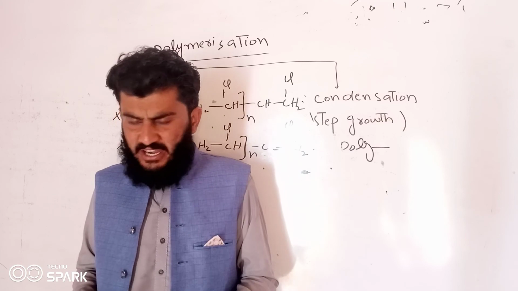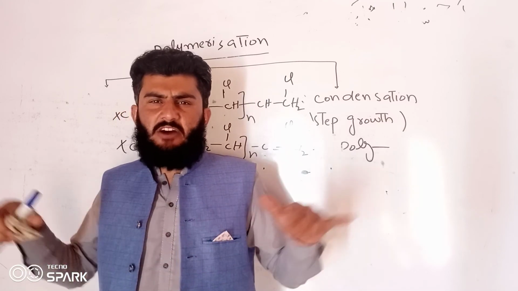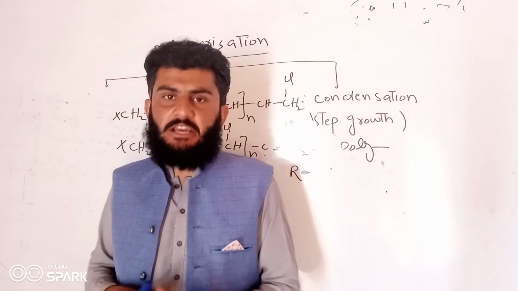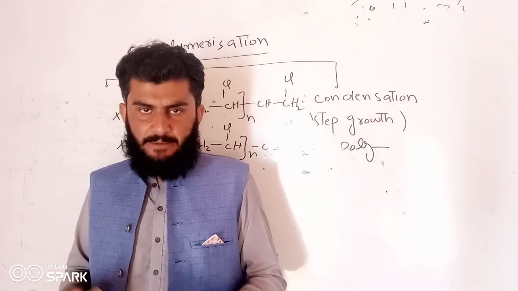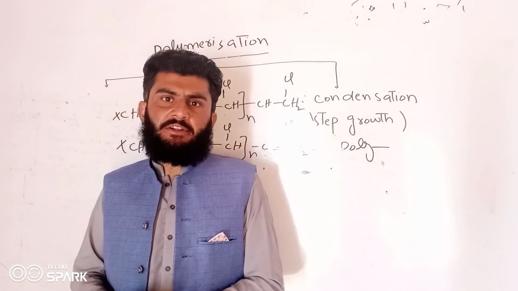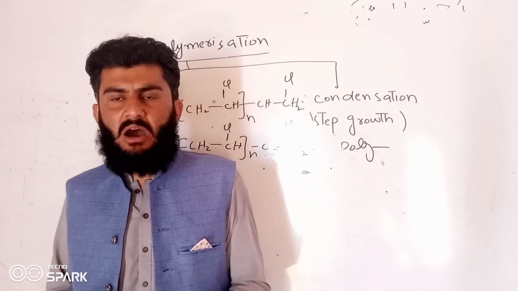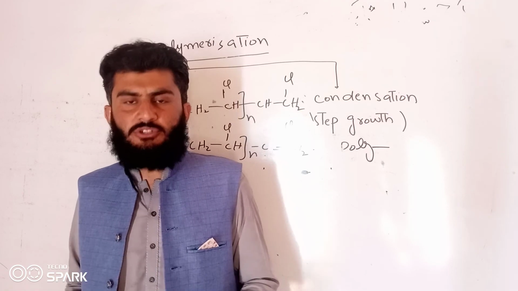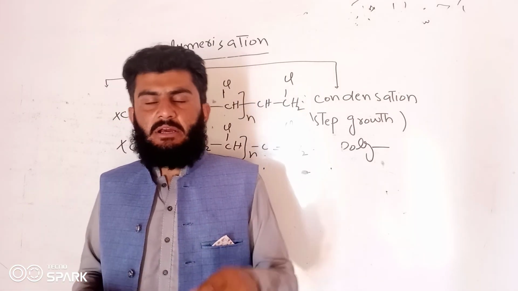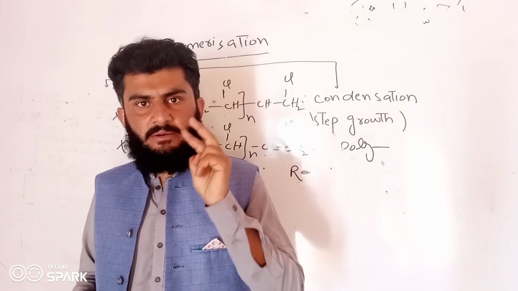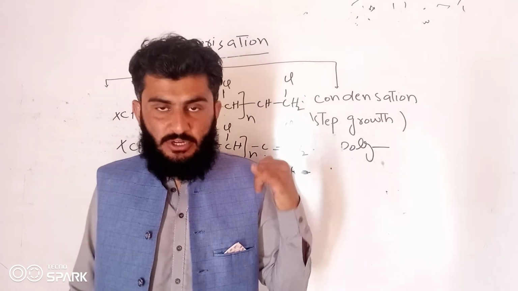The second step, the chain propagates and a long chain of polymer is formed. In the termination step, the chain terminates, is inactivated, or becomes dead. The chain can be terminated with the help of self proportionation or chain coupling. These are the two main processes. We will meet in the next lecture. So note down and learn.